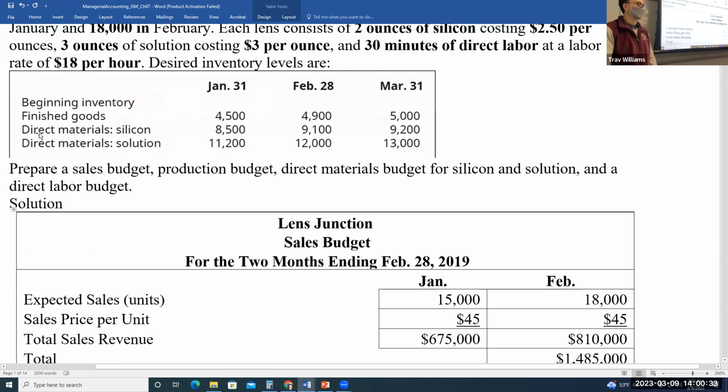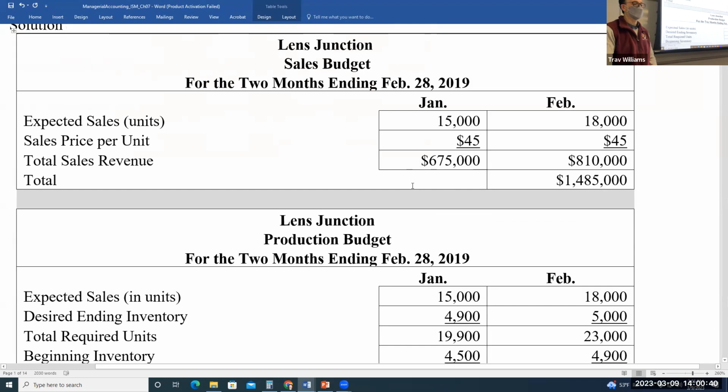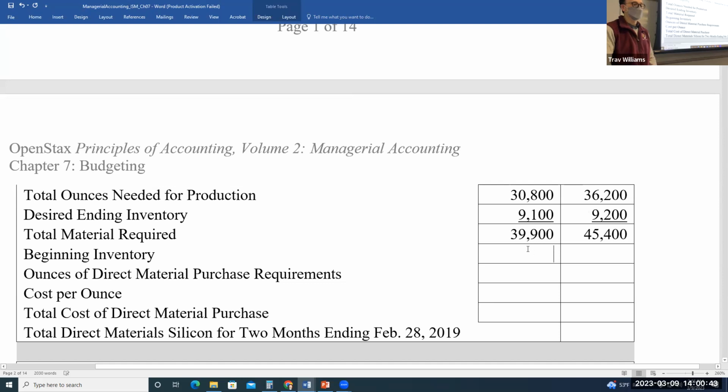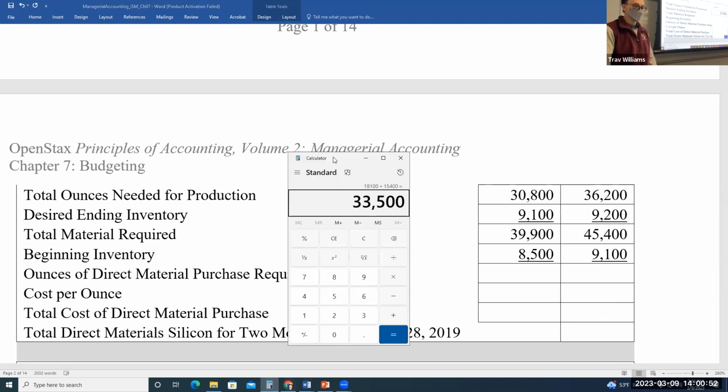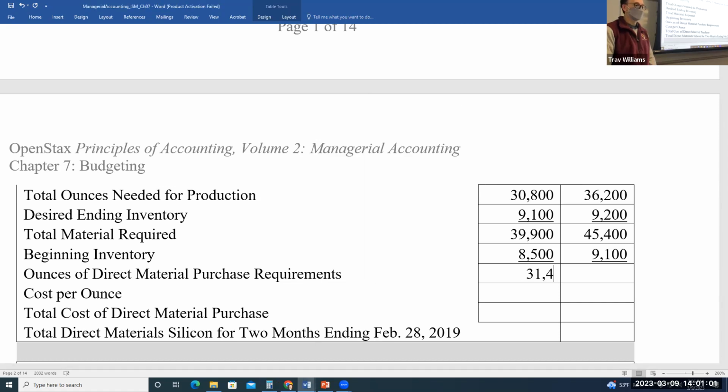We got to make sure we're looking at the right line. Direct material silicon, 8,500 units and 9,100 units. Again, we're going to subtract the beginning inventory. Now we know how many units we need to purchase of materials for that month.